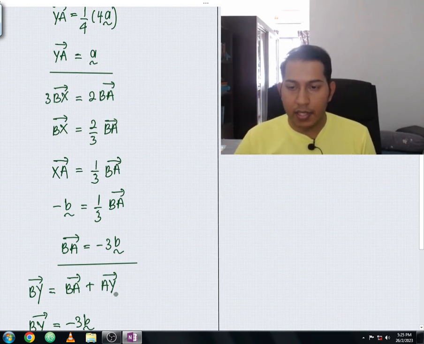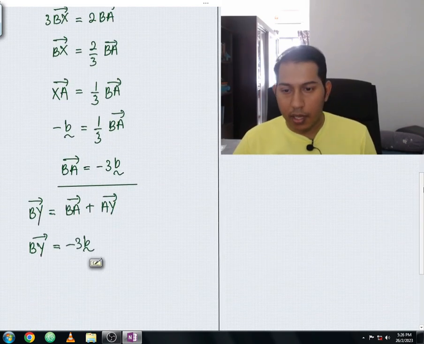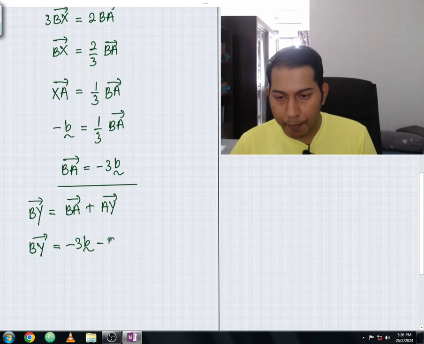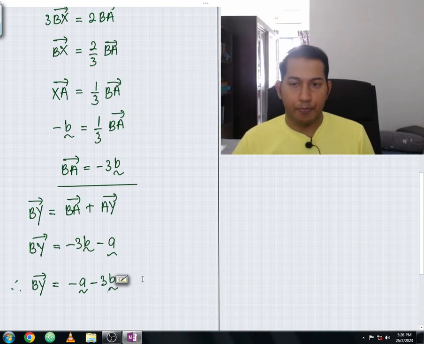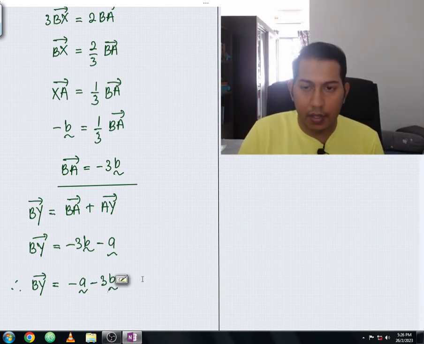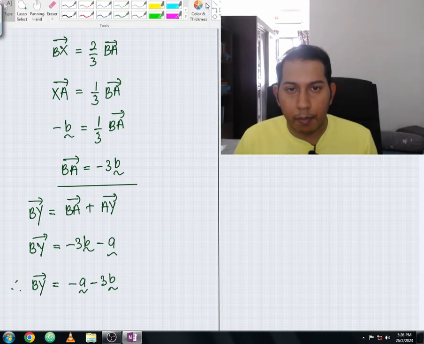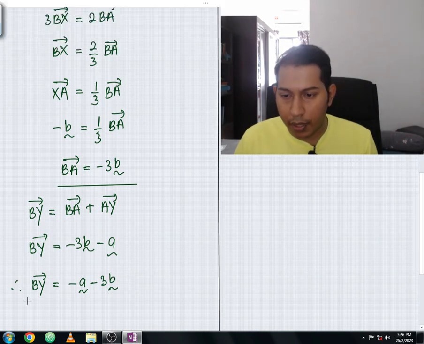Vector ay is the opposite direction of ya, so in this case it will be negative a. So vector by will be equal to negative a minus 3b. So this is your answer for question A part 2. Let me underline this.